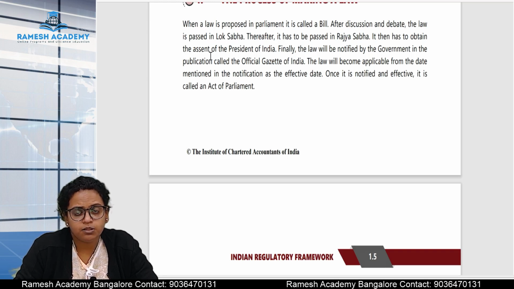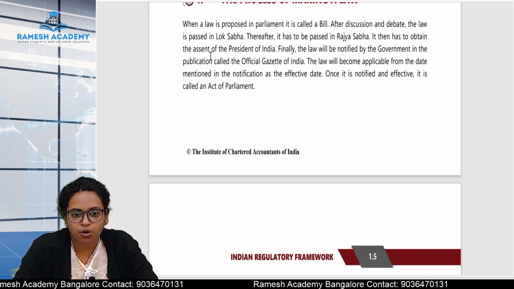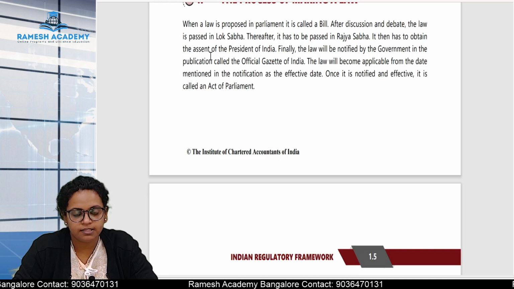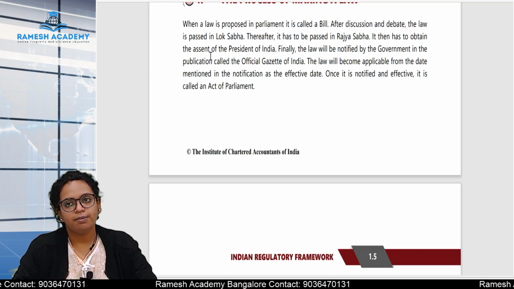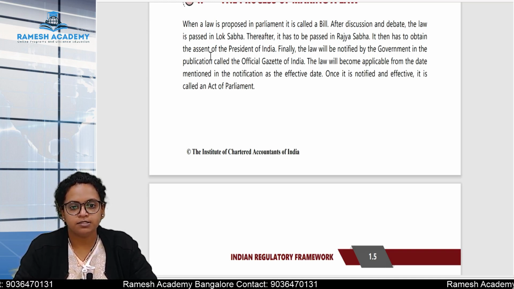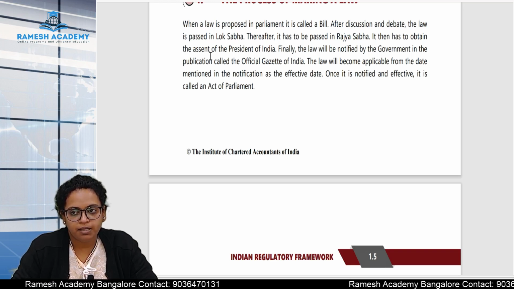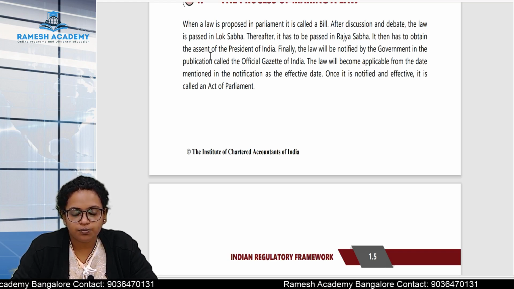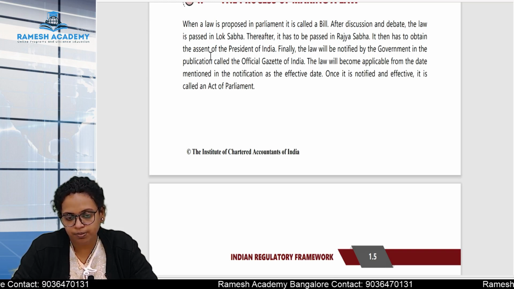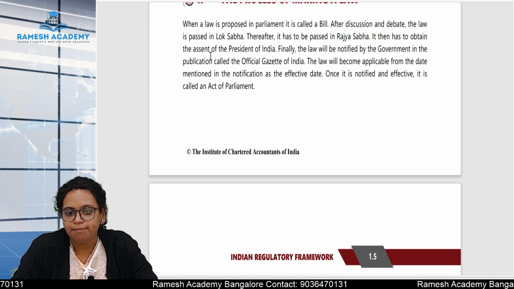first, with all the discussions, they come up saying that this has to become a law. Before they consider something to be a law, it is called a bill. So people come together in the parliament to make a law, and that particular matter which the parliament wants to make into a law is called a bill.